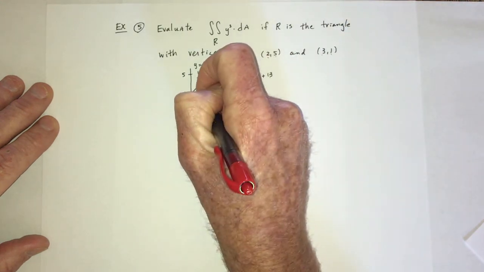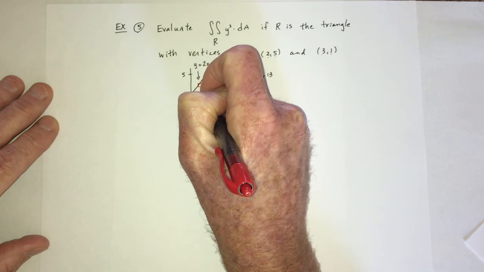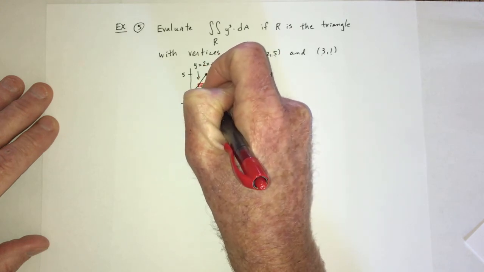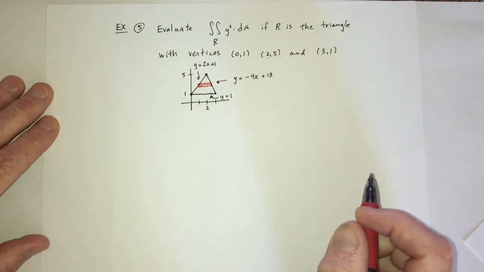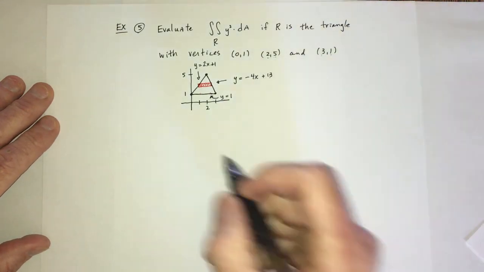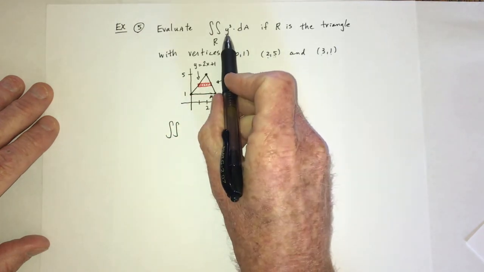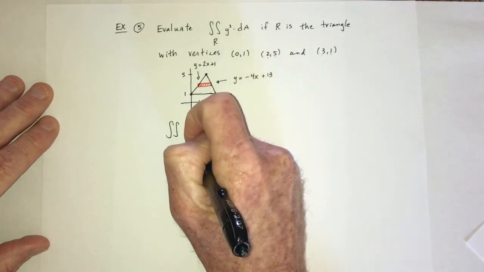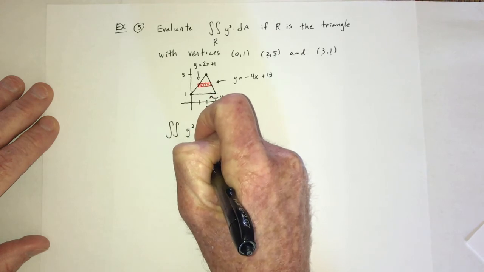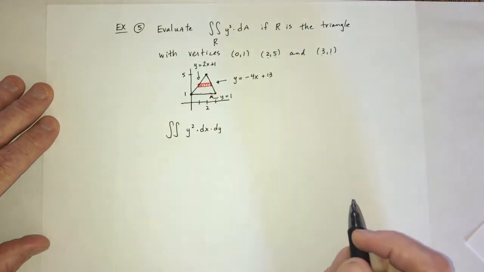But if you put it horizontally, then it always goes from the line on the left to the line on the right. So let's do that. And then that means we're going to integrate with respect to x first. So don't forget the direction said integrate y squared times. And then we're going to do x first and y later.